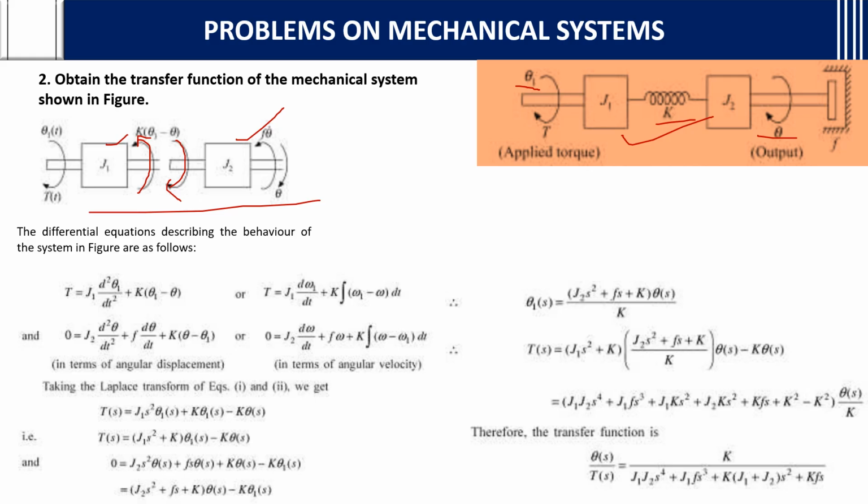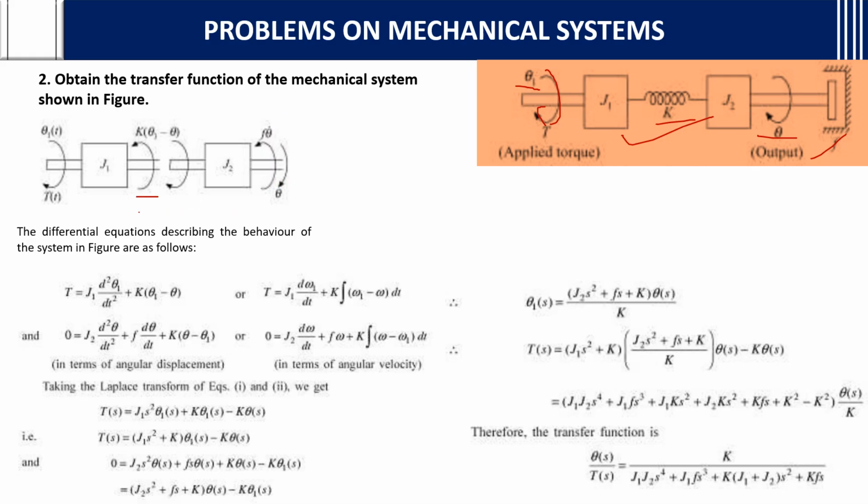And there is F connected to the right side. So you will consider F into theta dash, that is nothing but F into d theta by dt, and theta is in this direction. You will write in that direction only. Again on the left side the torque is given, so torque also you will mention and write theta 1 of t. The angular displacement, everything needs to be mentioned here.